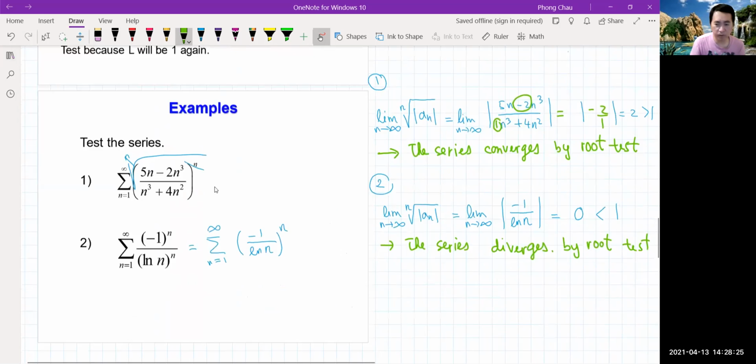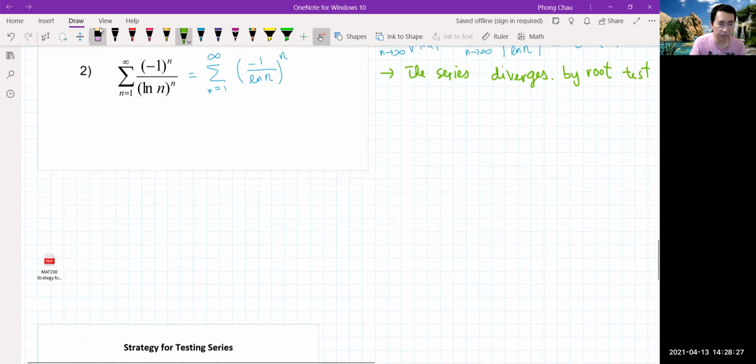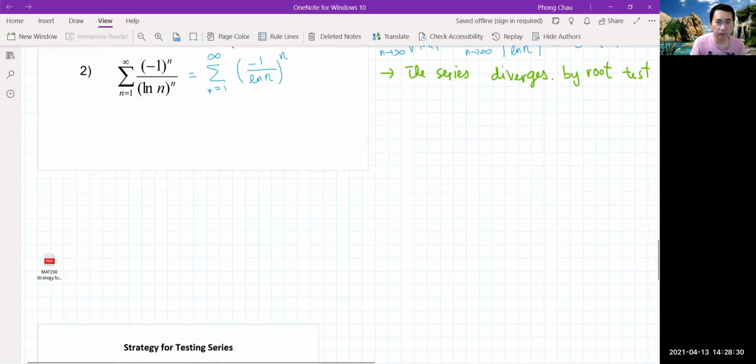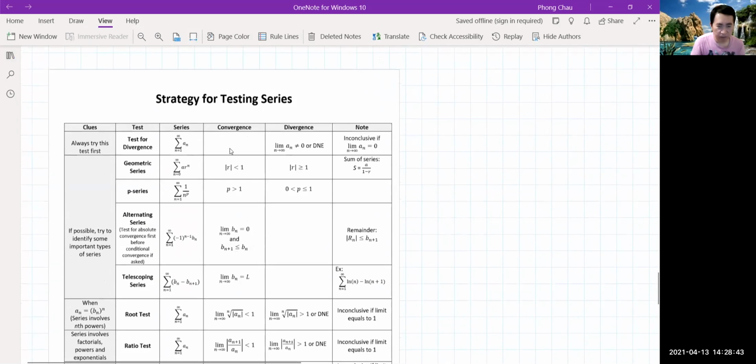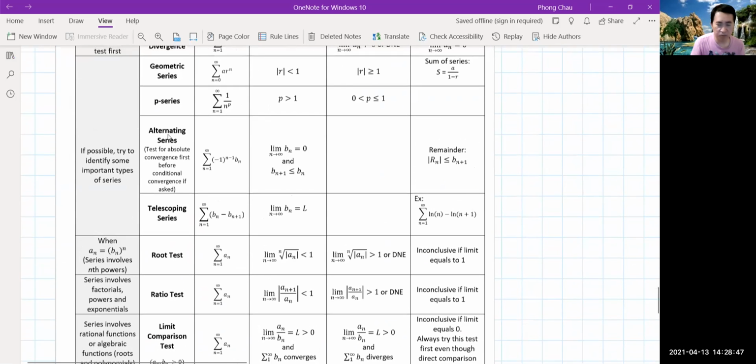So let me do a quick summary here, and I have a table here for you to reference, so we can determine quickly which test to use.